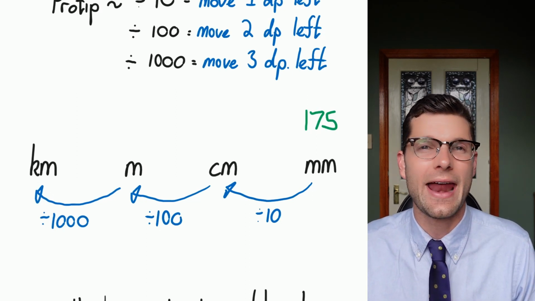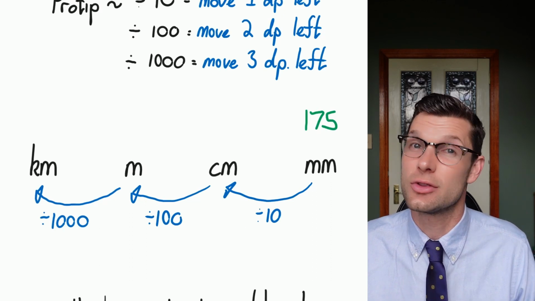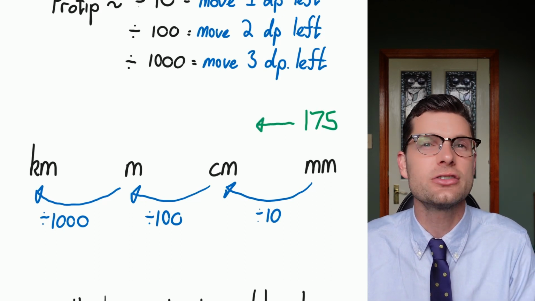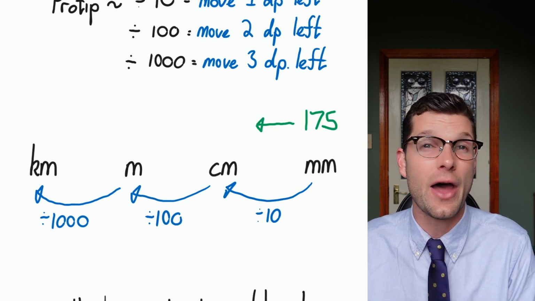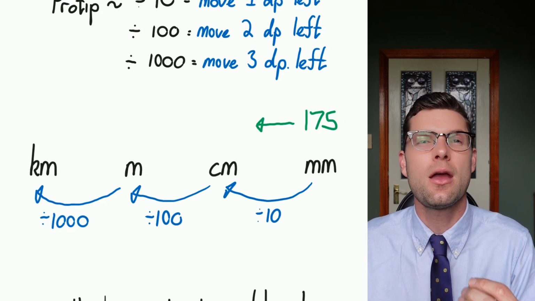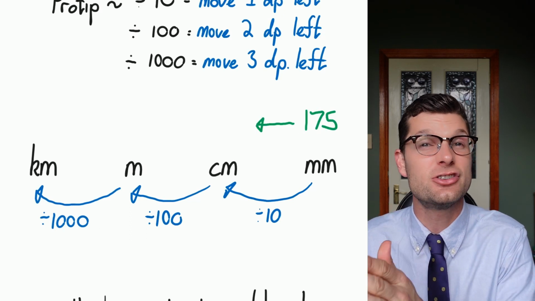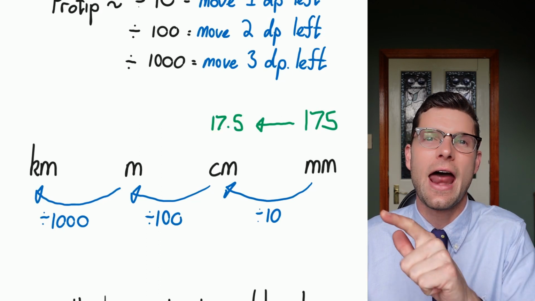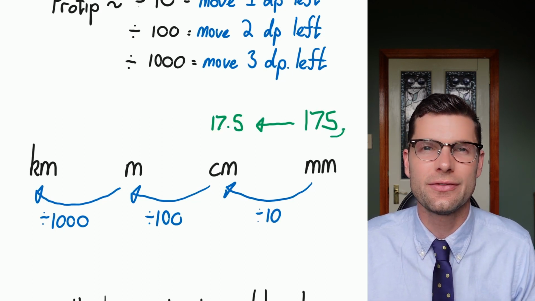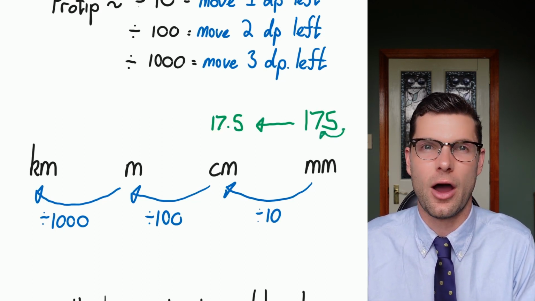If I want to work out how many centimeters that is, you could just look at your ruler, but because I know that there are 10 millimeters in every centimeter, I just have to divide that number by 10. Because I'm dividing by 10, I just imagine that there is a decimal place at the end of the 175, and I move it one position to the left, which gives me 17.5 centimeters.